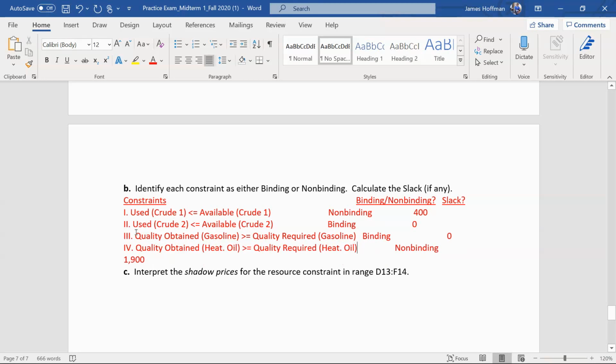The two resource constraints, the crude 1 and crude 2, and the two quality constraints for gasoline and heating oil.